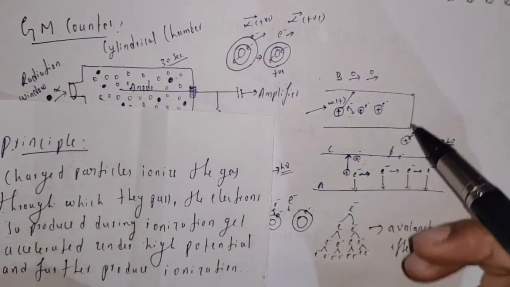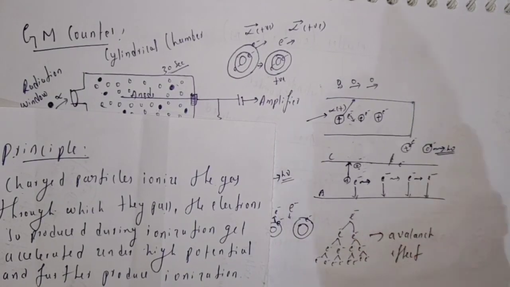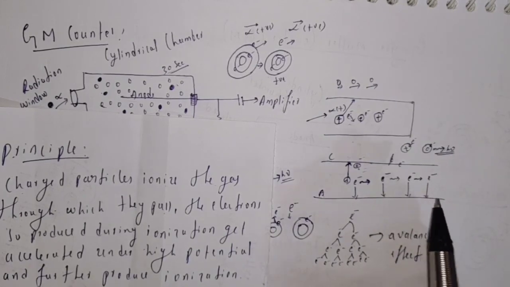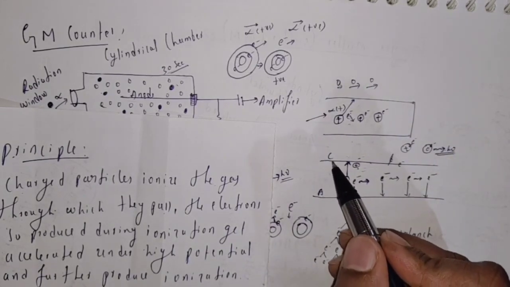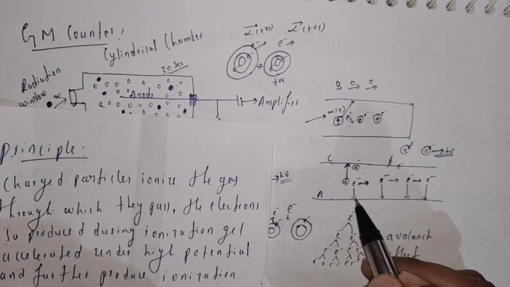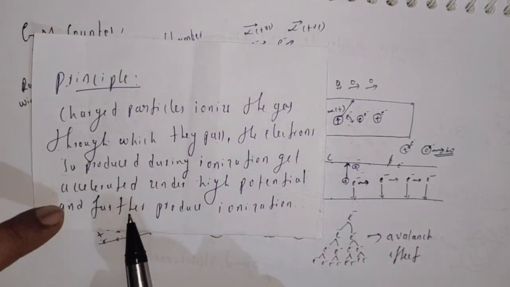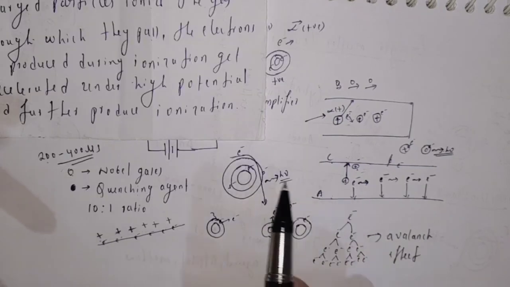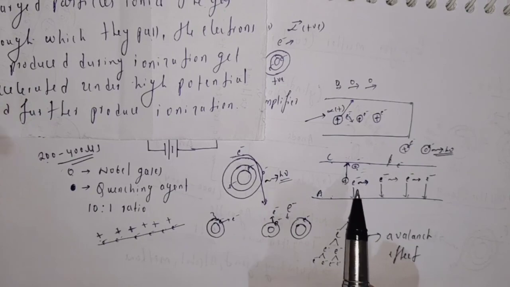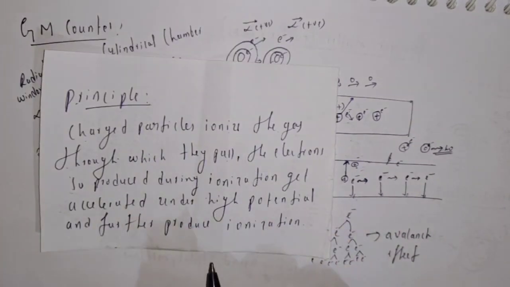These electrons are attracted towards the anode, and a high potential is developed between the cathode and anode. Because of this, the electrons are accelerated towards the anode and further produce ionization. Because of the Bremsstrahlung effect, this accelerated electron produces further ionization, and this is the principle of the GM counter.